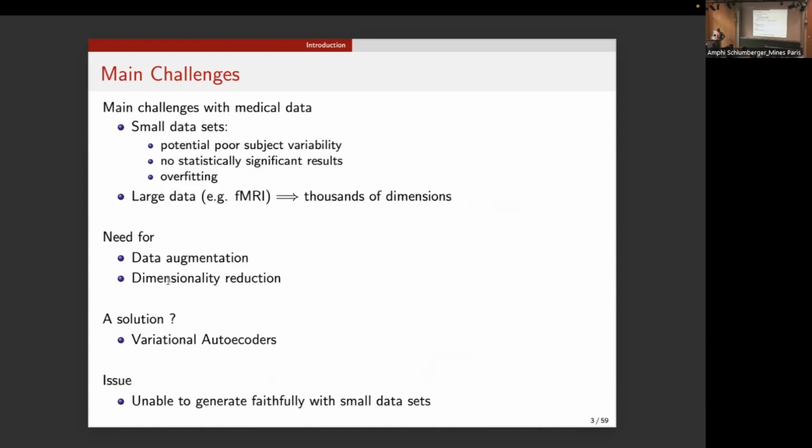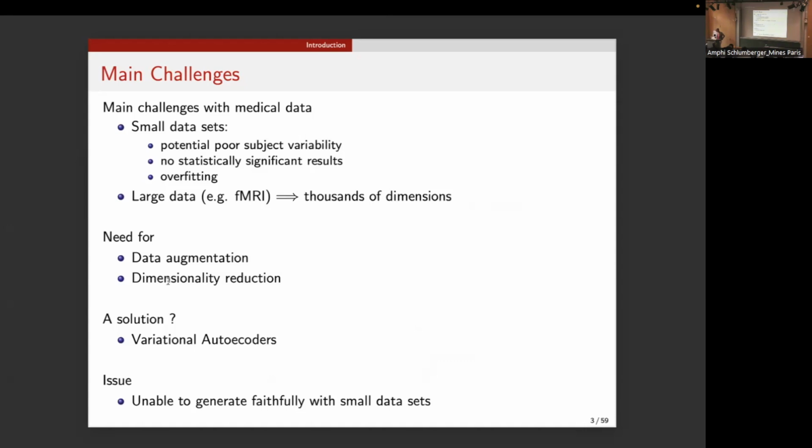In most of our cases working with medical imaging, we have a very large number of voxels, up to 4 million. If I have 4 million voxels for 1 patient and 50 patients, no statistician would work with that.